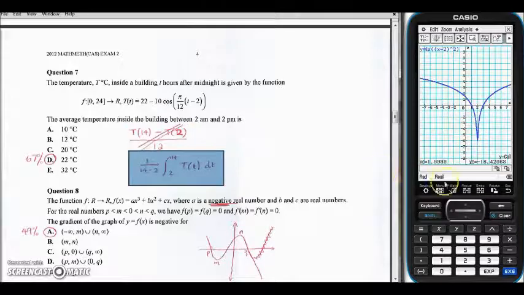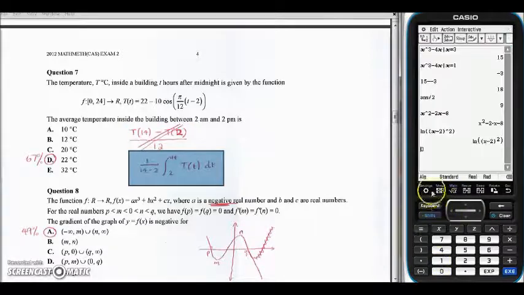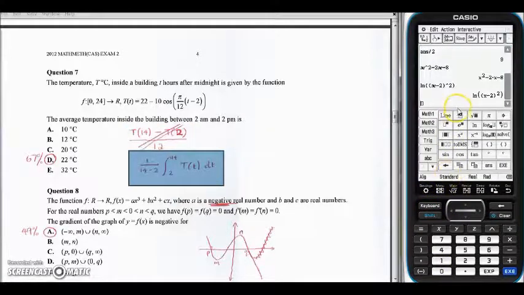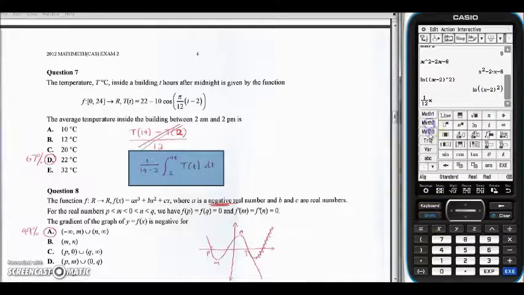So 1 on 14 minus 2. Don't do 14 minus 2 in your calculator, just put 12. Multiplied by that integral, which you should know how to do.